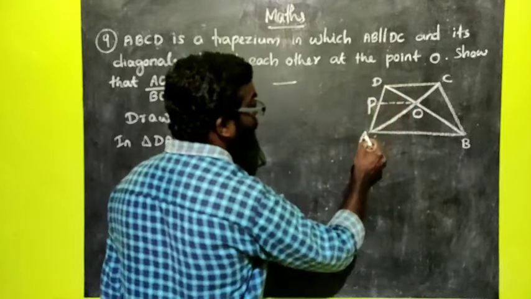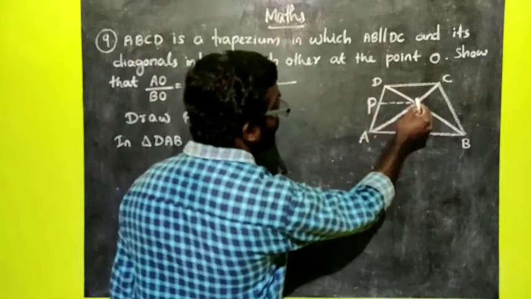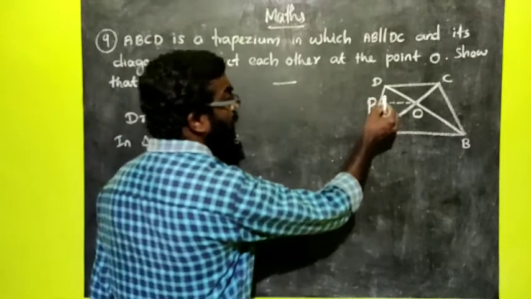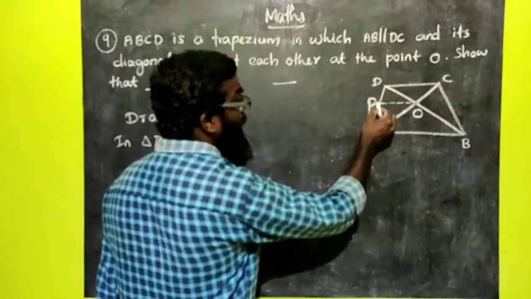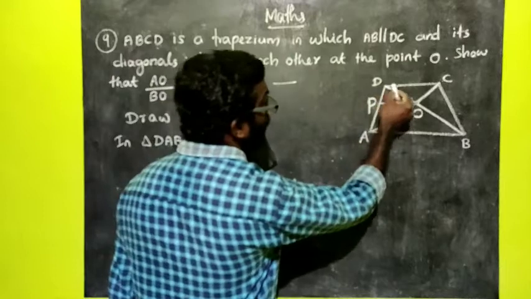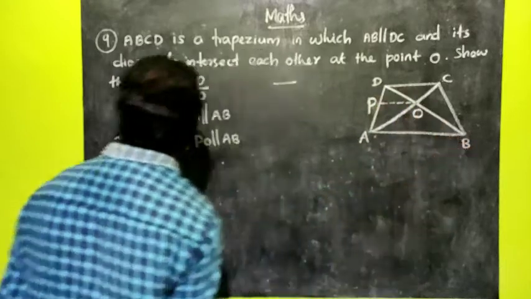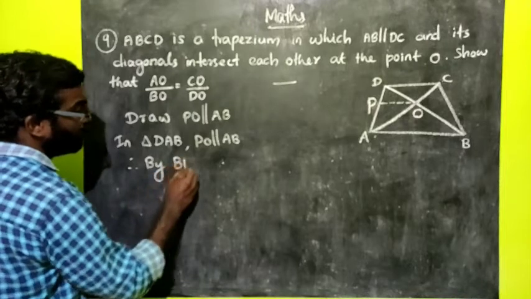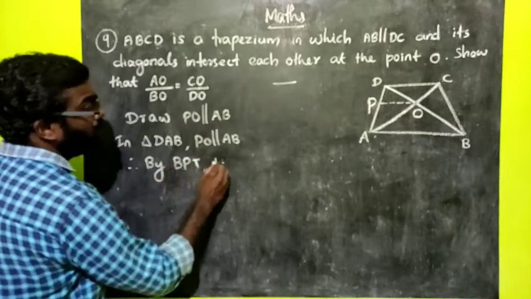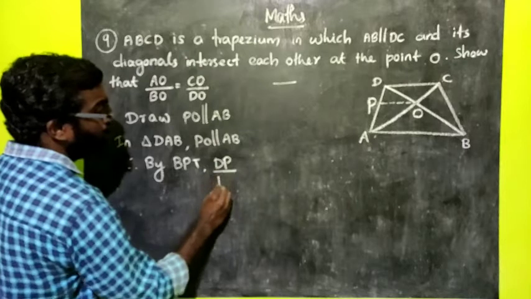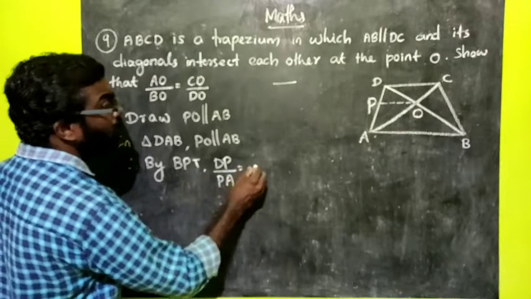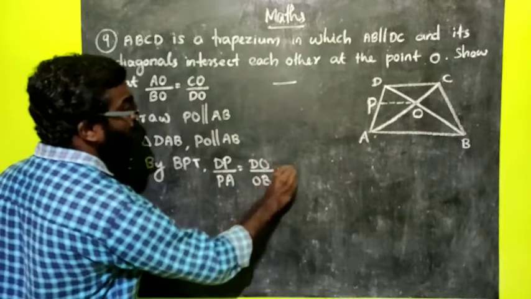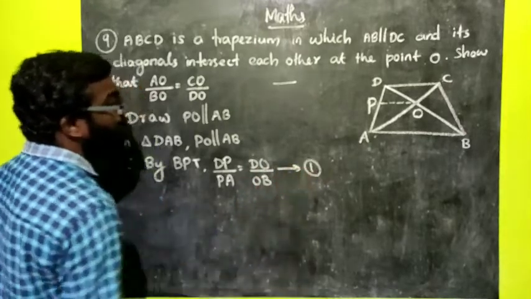DP by PA equal to DO by OB. Clear? I repeat, therefore by BPT, DP by PA equal to DO by OB. We can take it as equation number 1.